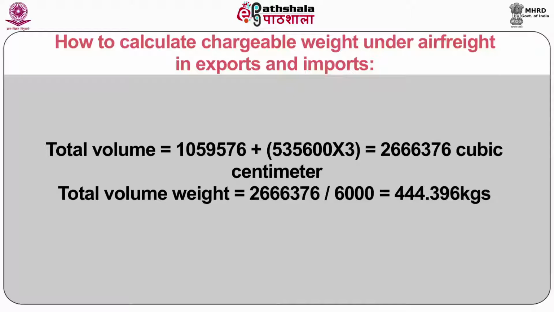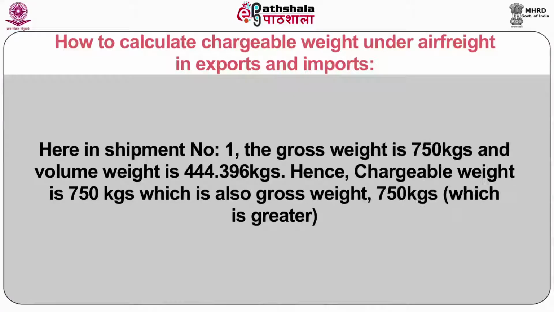The total volume weight equals 2666376 divided by 6000, equal to 444.396 kgs. Here in shipment number 1, the gross weight is 750 kgs and volume weight is 444.396 kgs. Hence, chargeable weight is 750 kgs, which is also the gross weight, that is 750 kgs, which is greater.